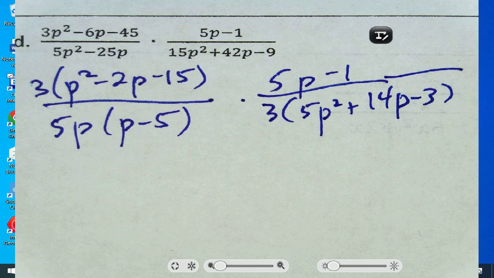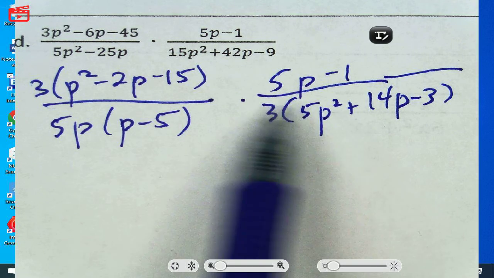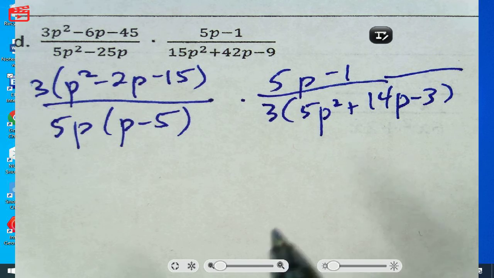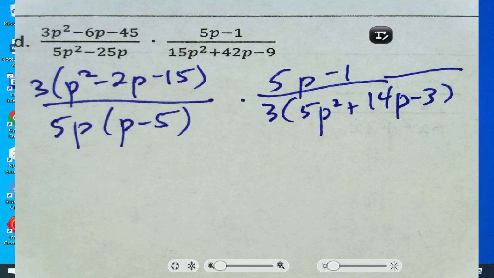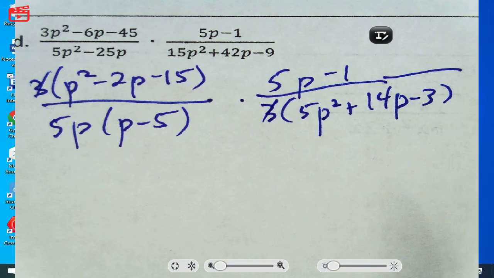Alright. Now we got to factor these trinomials. Right? I got 2 trinomials I got to factor. If you're lazy like me, you want to start canceling now. What can I cancel if I wanted to? The 3s. That's about it. Alright, so some people said 5, but here's the problem with 5.